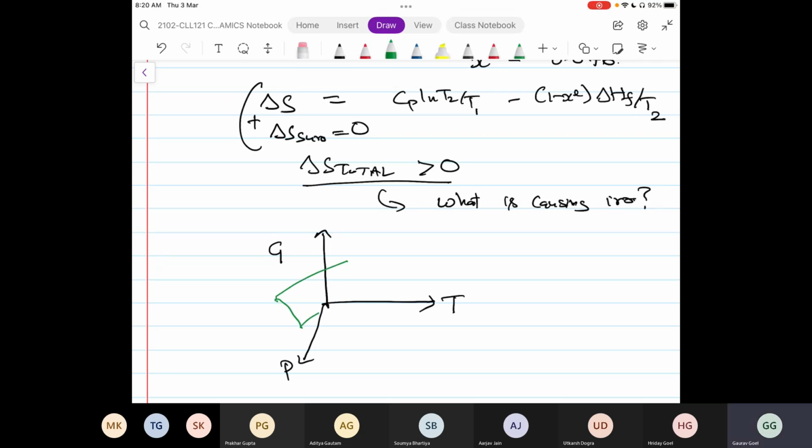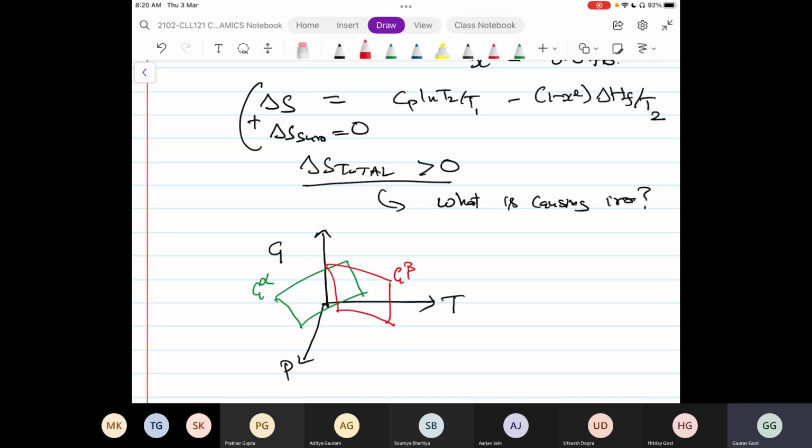So let's say for one of the two phases, this is how the surface looks. As P and T change, this is how the Gibbs energy will change, for phase alpha. For phase beta, the red curve represents the change.